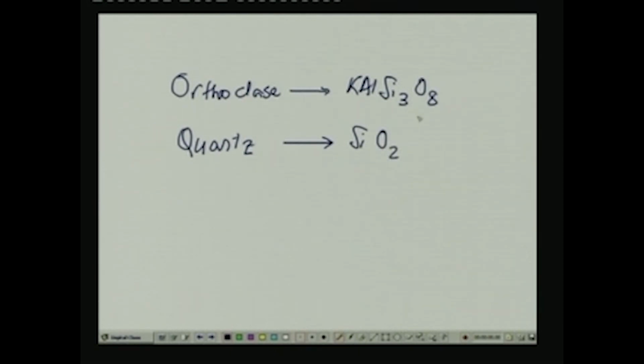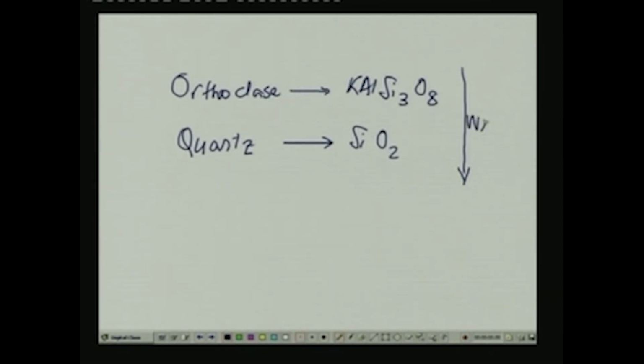You can see that this clearly shows how the oxygen as a percentage of silica changes as you climb down Bowen's reaction series. So this is the direction.